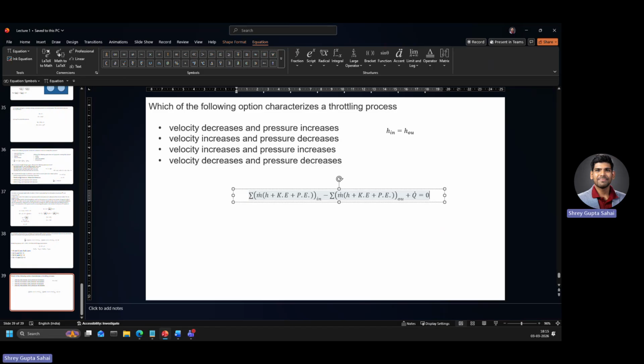In that sense, you can say this is an adiabatic process if you mean that your system is not exchanging any heat with its surroundings. That's okay. But the adiabatic condition is too general, and in that case, essentially you get this. And if you have a single stream, the m dot dependence also goes off.